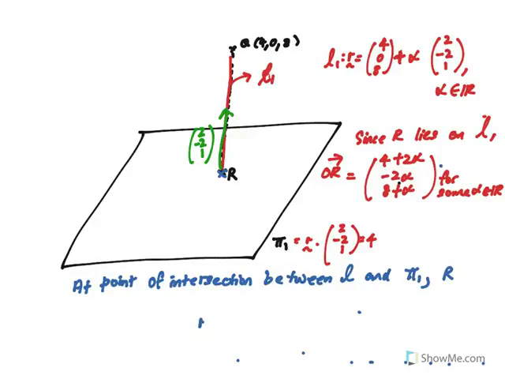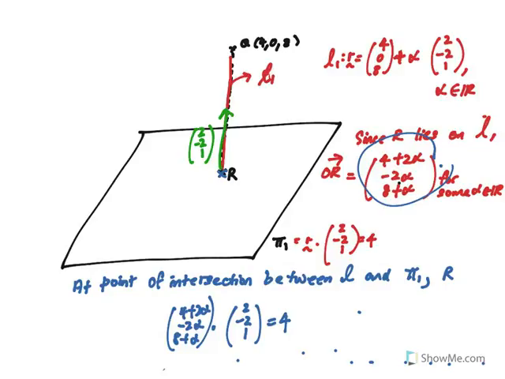Now recall, this is the equation of the plane: (2, -2, 1) equals 4, and this basically refers to our XYZ, remember? So in this XYZ, we're going to sub in our 4 + 2 alpha and so on. Basically I sub the equation of the line into the plane.